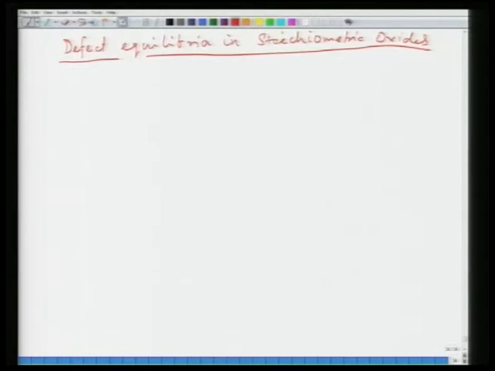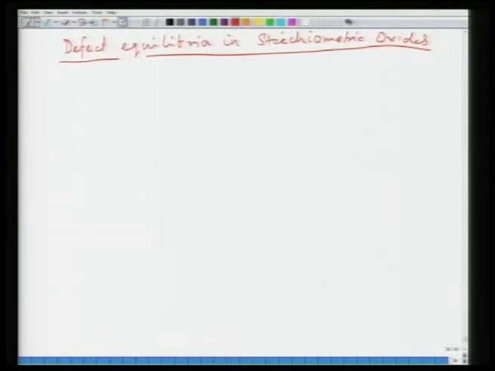So, now what we are going to do is establish this defect equilibrium, which we have so far understood, in stoichiometric oxides.